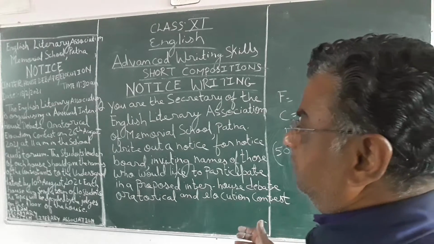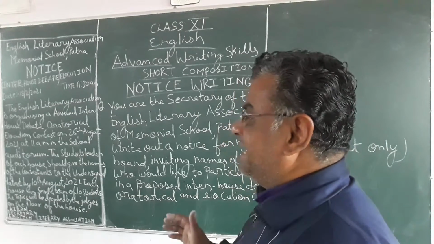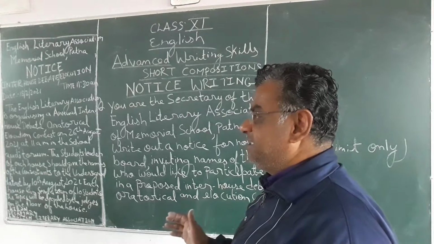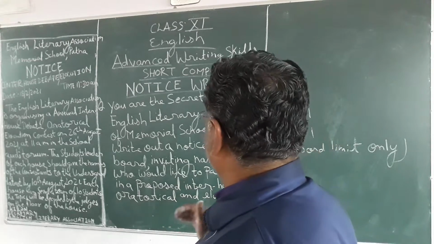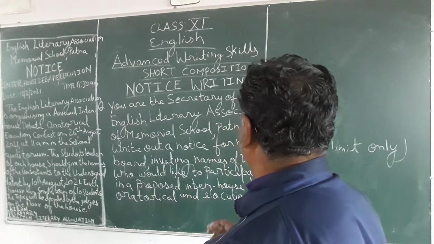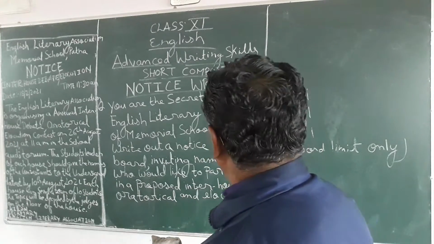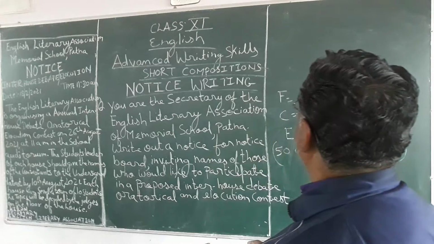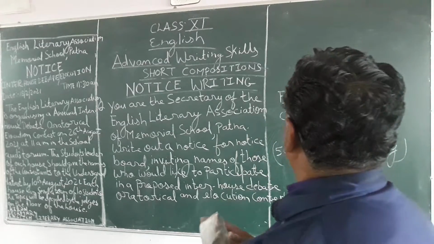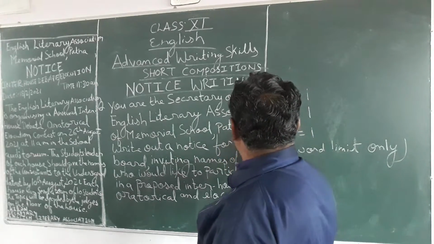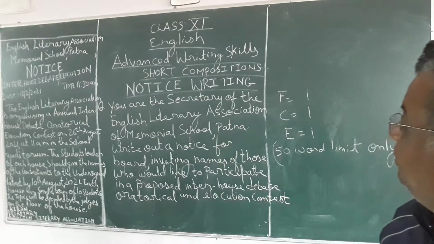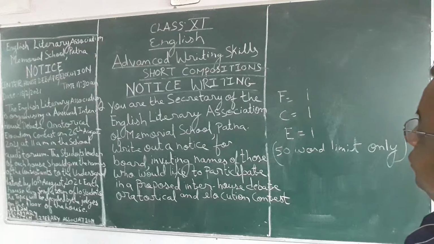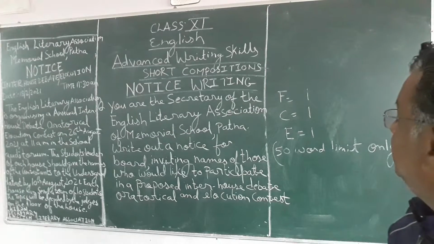Elocution means that you are explaining the stanzas of the poem. That comes under oratorical and elocution competition. You are taking out the notice for that.